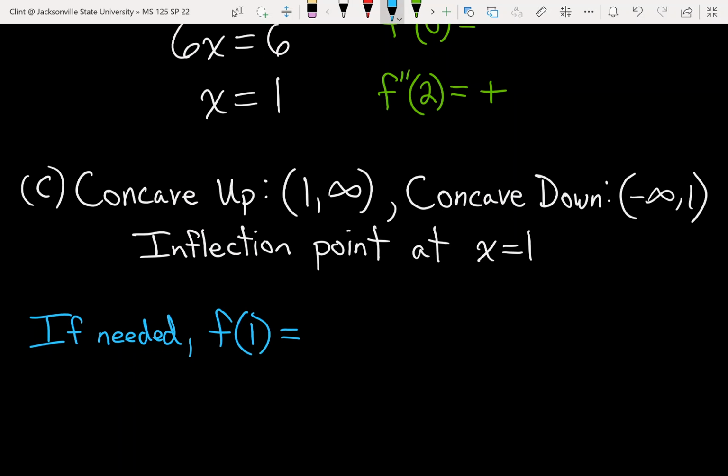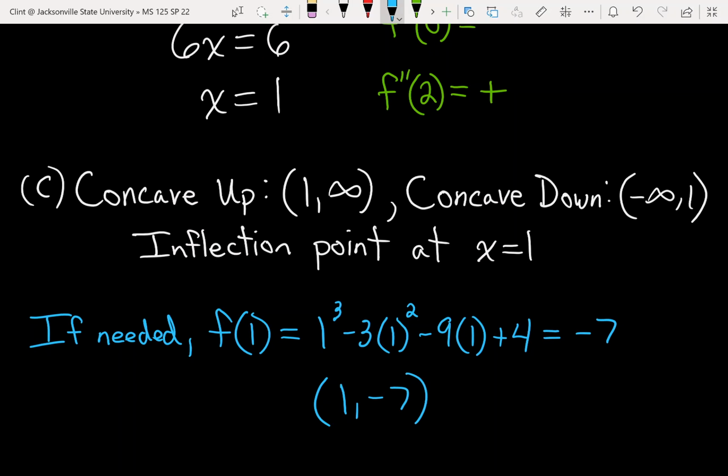Going back to our original function, that would be 1 cubed minus 3 times 1 squared minus 9 times 1 plus 4. So let's see, that's 1 minus 3, negative 2, minus 9 is negative 11, plus 4, negative 7. So the actual point would be (1, negative 7), if I did all that right.